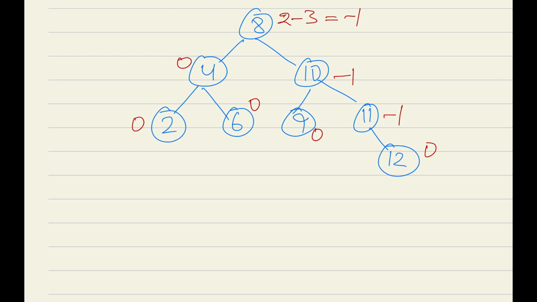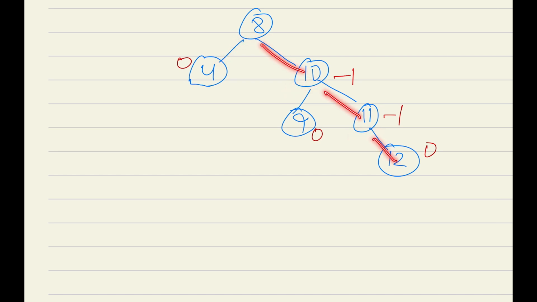Now consider, I am updating this binary search tree only, assume this one. So now here update the balance factor. So for 9 it will be 0, for 12 it will be 0, for 11 it will be -1, for 10 it will be -1, for 8 so it will be 1 minus 1, 2, 3.